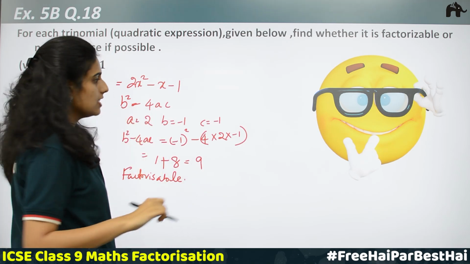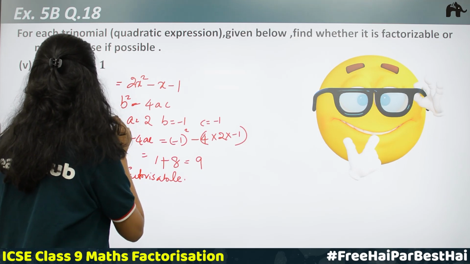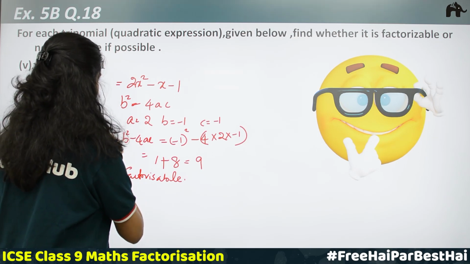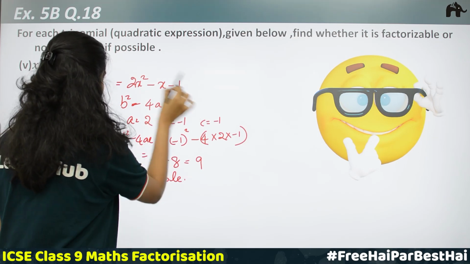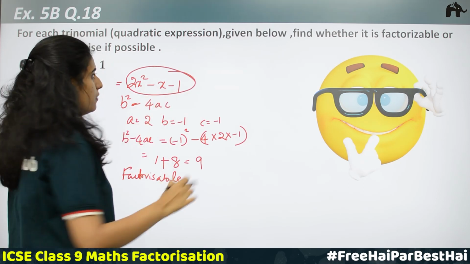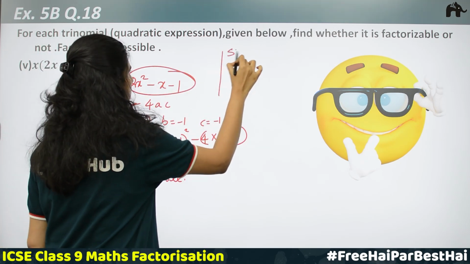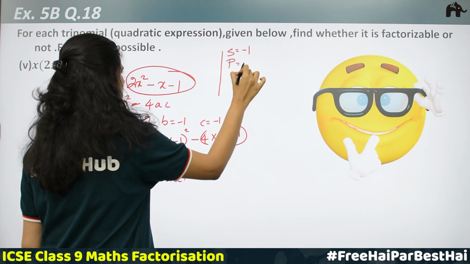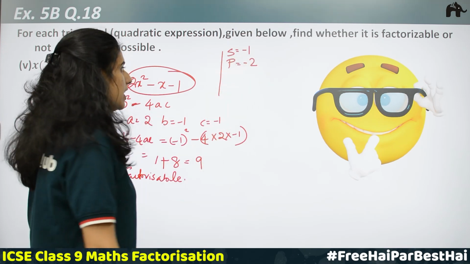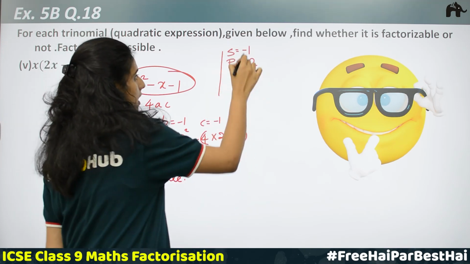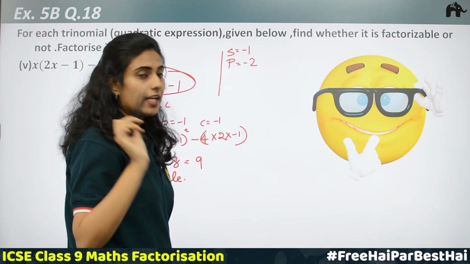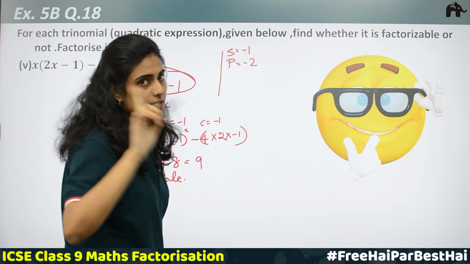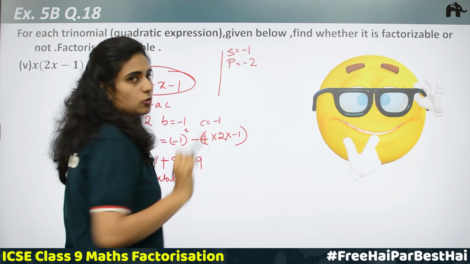Now, let's factorize this. Here, this is the expression. So, to factorize, sum should be equal to minus 1 and product should be equal to minus 2. When do we get product minus 2? Of the two numbers, one number will be negative and the greater number should be negative.